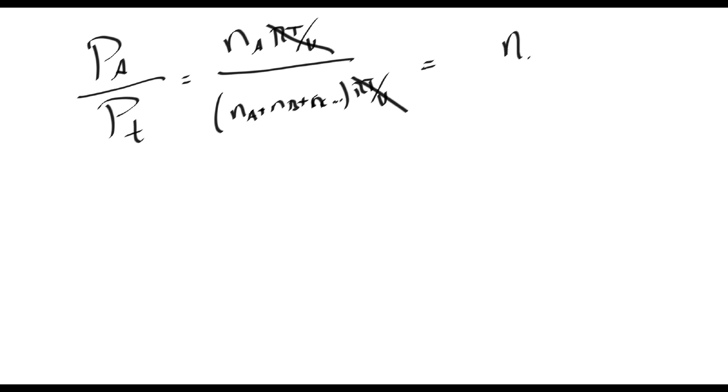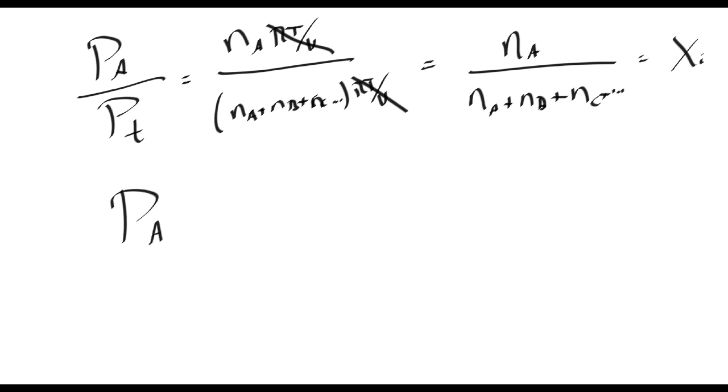You get NA over NA plus NB plus NC, and so on, or mole fraction. Now remember, mole fraction is just like mass percent, only we leave it in a fraction form instead of turning it into a percentage. That's all. So what you can do is you can say that the partial pressure of A is equal to the total pressure times the mole fraction.